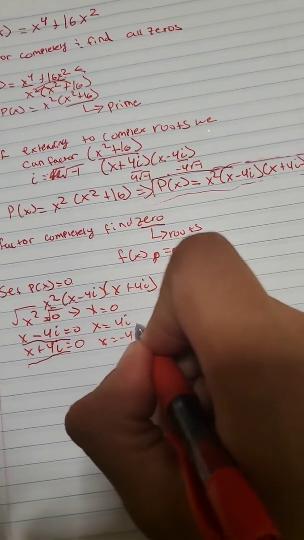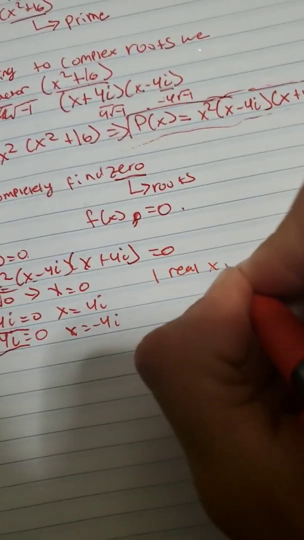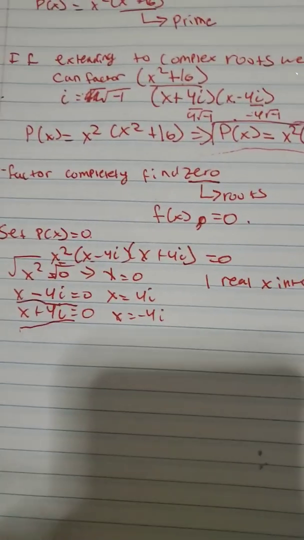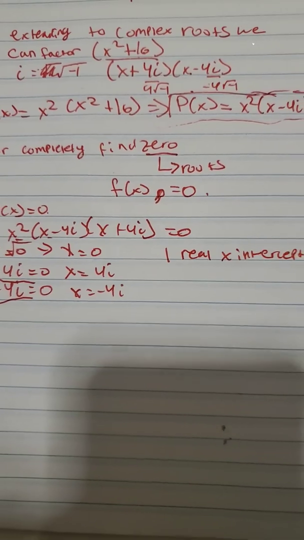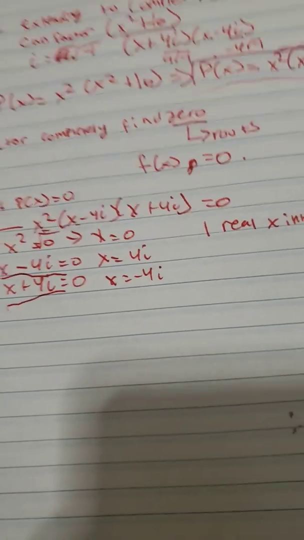So what this is saying is there's only one real x-intercept in this. But if we extend it to the complex numbers, we have these two imaginary roots. I'll explain what that means when we actually cover quadratics.